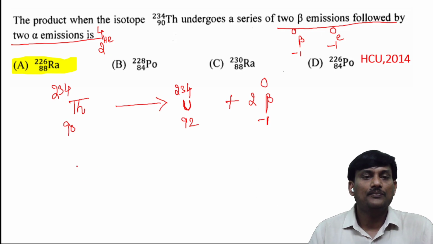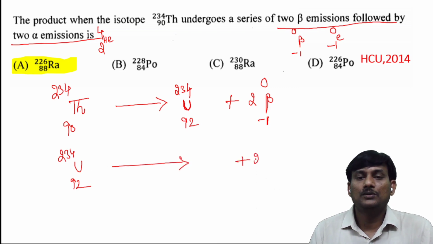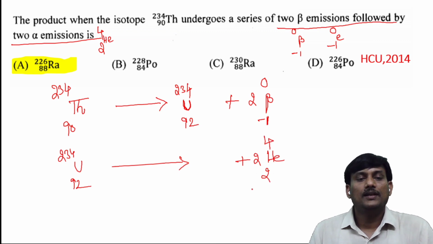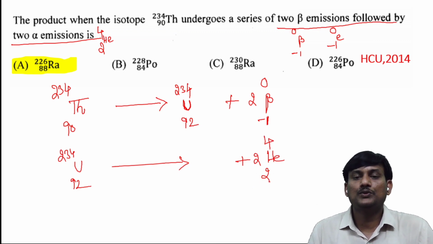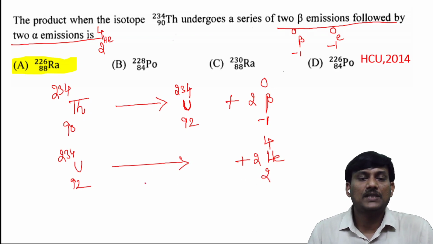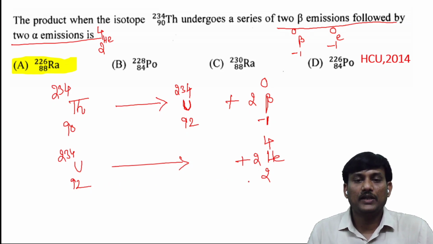A second thing, 2 beta emissions followed by 2 alpha emissions. Let's take this one, uranium 92, 234, 2 alpha emissions, 2He4. Let's take atomic number, 2 into 2, 4. So here already we have 4. So we have to subtract 4. 92 minus 4, it will be equal to 88.